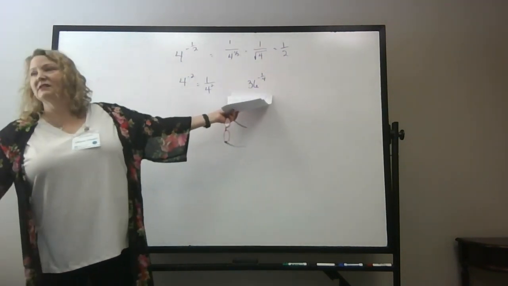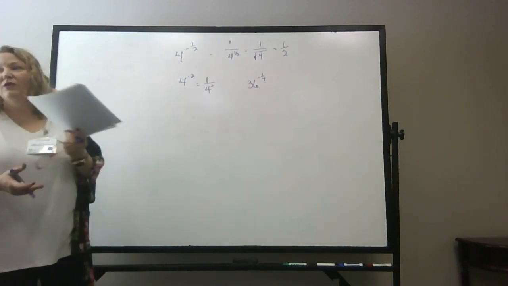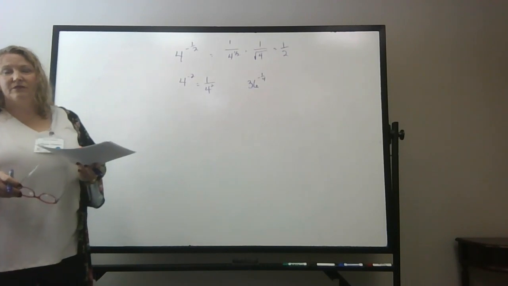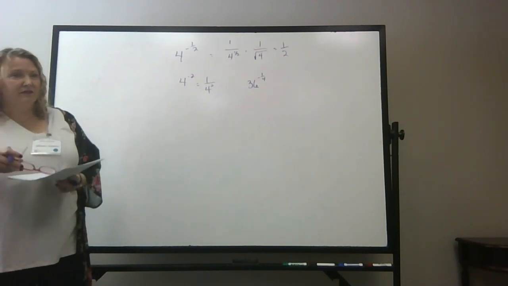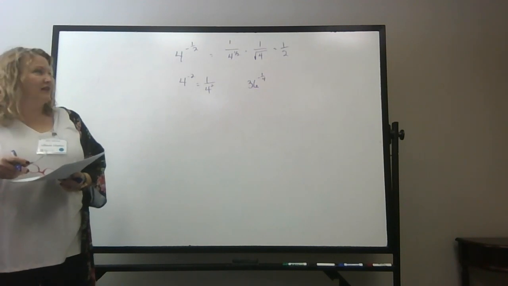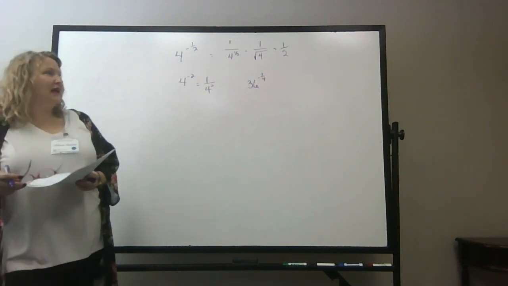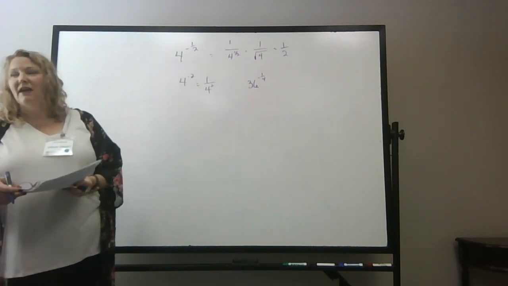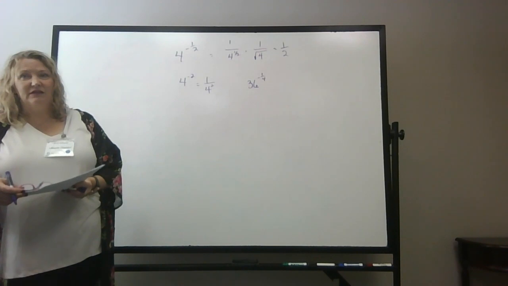We're doing 36 to the negative 1/4. So you're going to think about two things. You're going to think about what does it mean to have the negative exponent, and then you're going to think about what does it mean to have the fractional exponent.